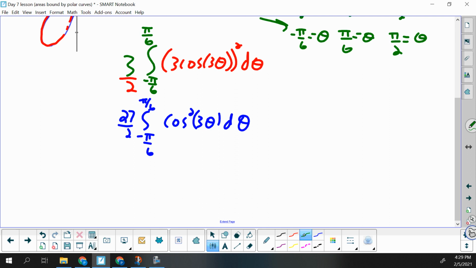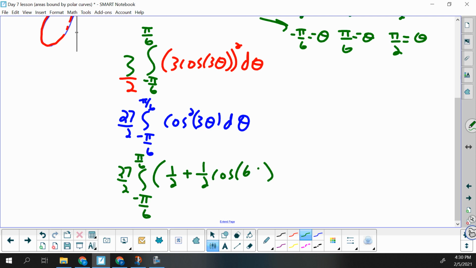In these problems, it's very common that you have to do power reduction because we're squaring and our radius often has sines and cosines in them. So we'll have 27 over 2, integral negative pi over 6 to pi over 6. We will have 1/2 plus 1/2 cos. The inside doubles, so we have 6 theta and then d theta.